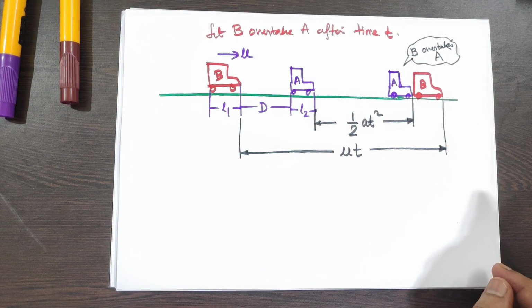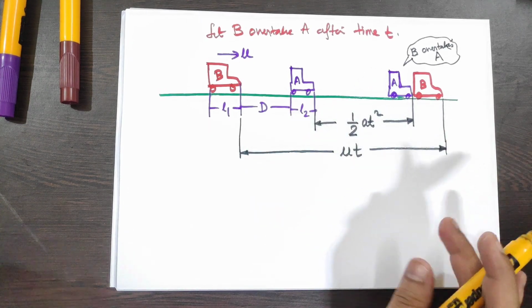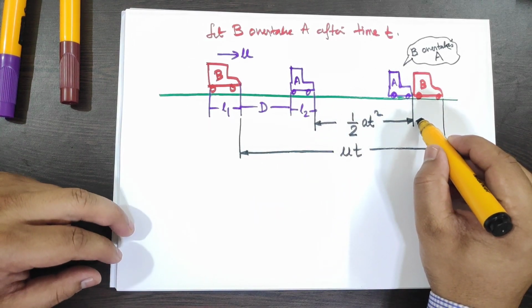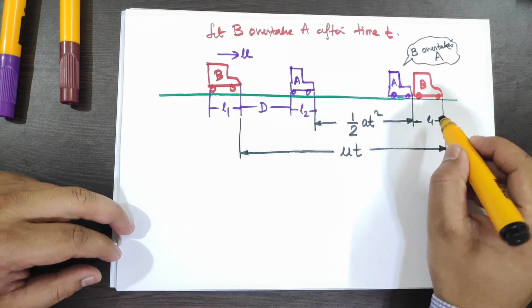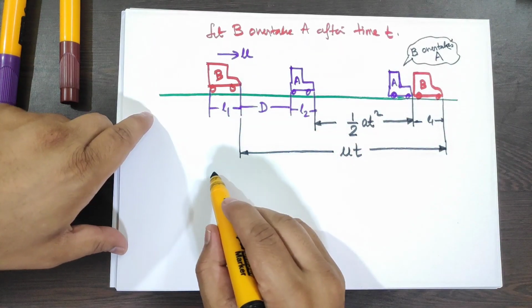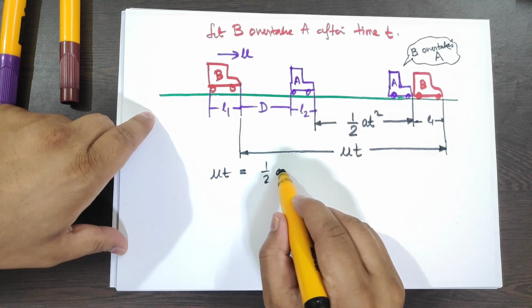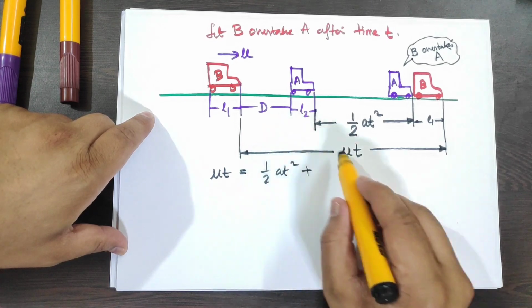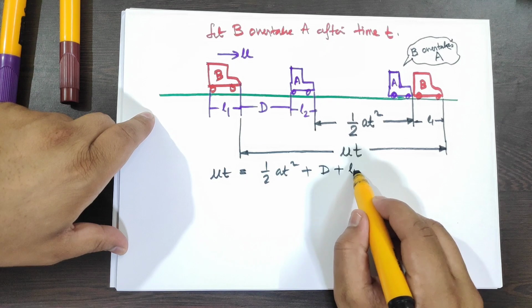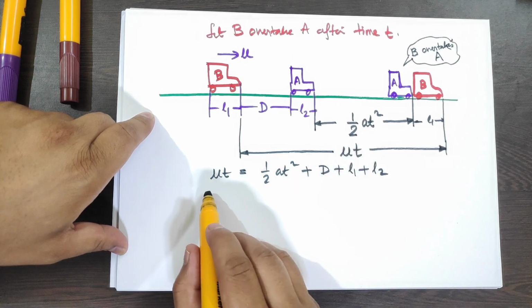So now framing the equations is nothing, all is given in the diagram. See, this is L1, so it's all in the diagram. You see ut is equal to half a t square plus d plus L1 plus L2.